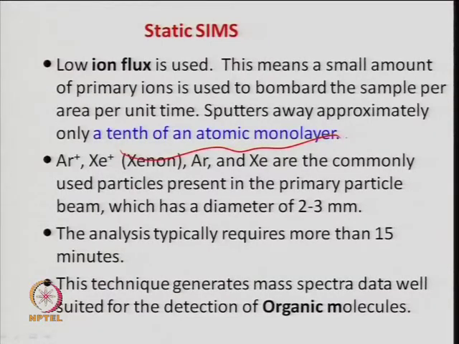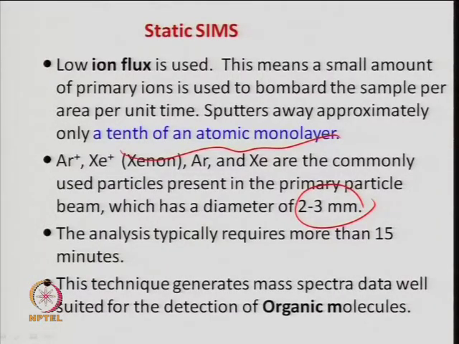So, argon and xenon in the form of their ions are the commonly used particles present in the primary particle beam, which has a diameter of roughly 2 to 3 millimeter, right. So, these kinds of sources are used for this ion mass spectroscopy. The analysis typically requires more than 15 minutes.